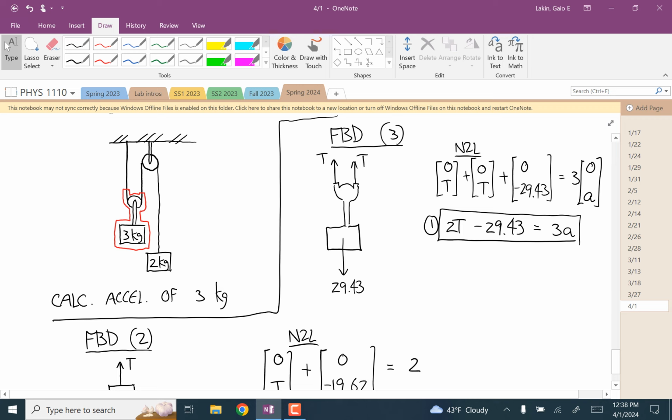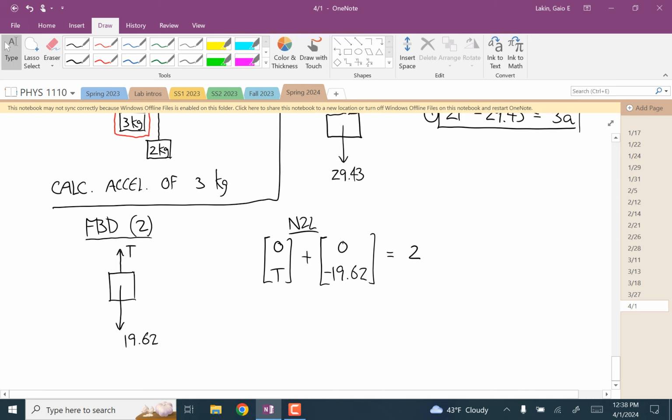And so if this goes up an inch, this goes down 2 inches. Okay? And so in this case, I have to write this acceleration vector as 0, 2a. So our second equation is T minus 19.62 is equal to 4a.